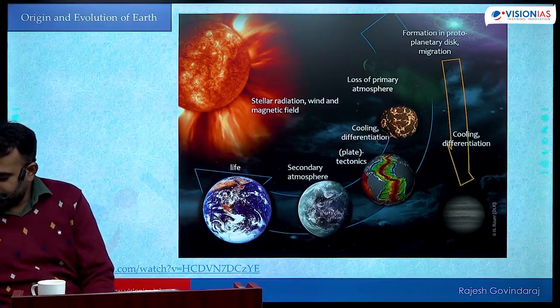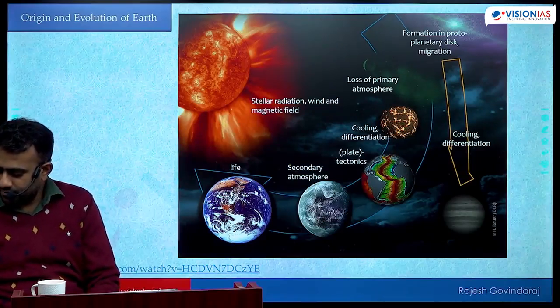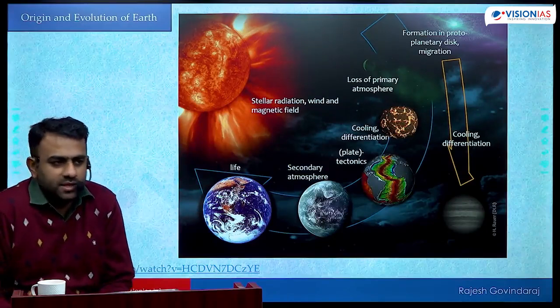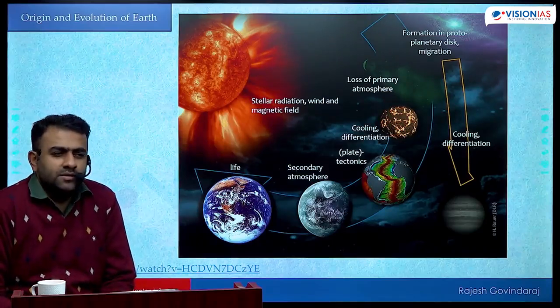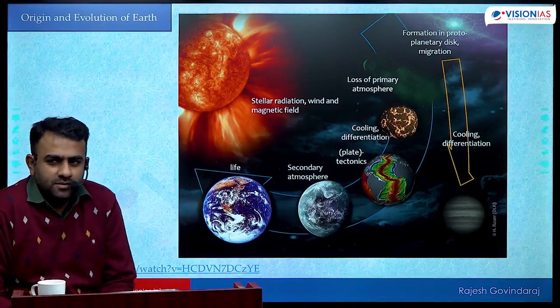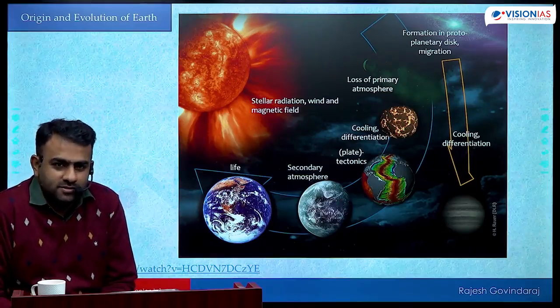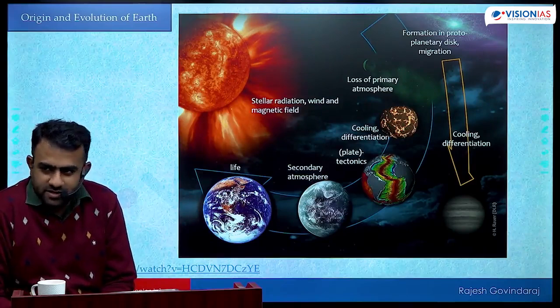So what is the age of Earth? As per the nebular hypothesis, the age of Earth is the same as the age of the solar system. Big Bang happened 13.7 billion years ago.